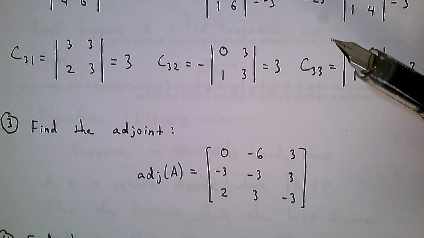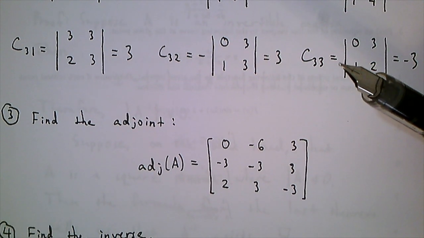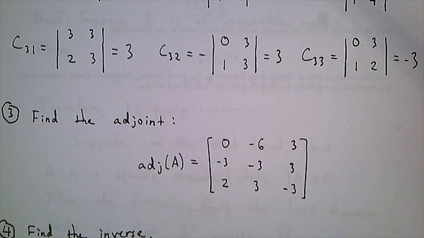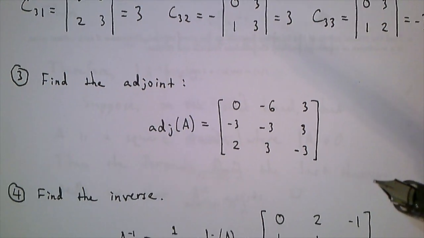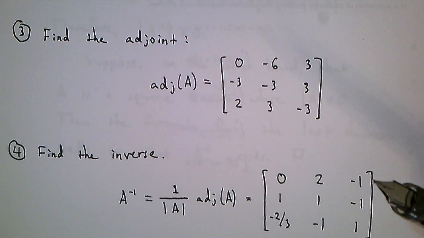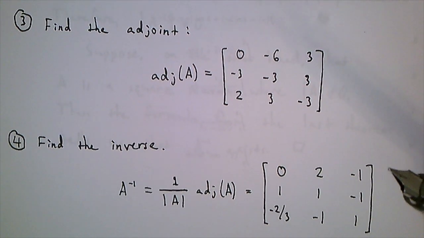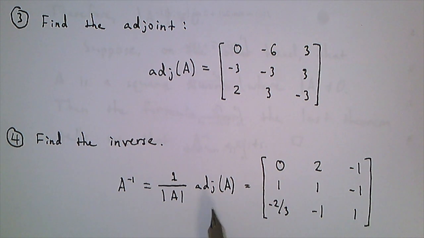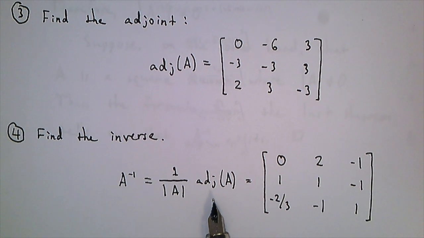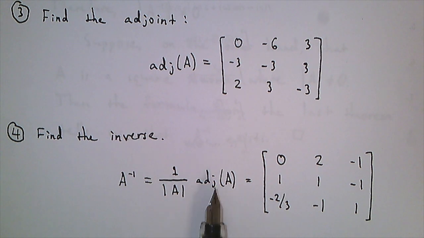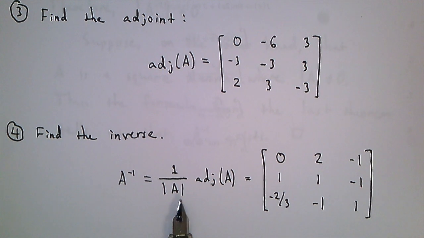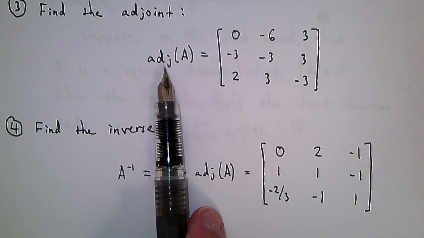And here I've written that out. Let's pause there for a second. And then our last step is to actually compute the inverse using the formula from the theorem, which I've written out here again. A inverse is 1 over the determinant of A times the adjoint of A. And we've already computed the determinant and the adjoint, so we just have to plug in the minus 3 in the denominator, and then we can look up here at the adjoint matrix.